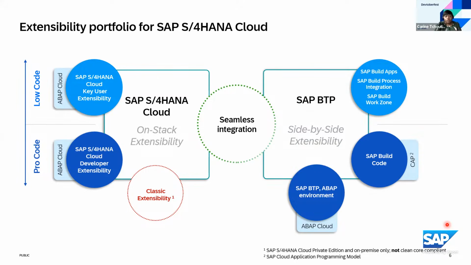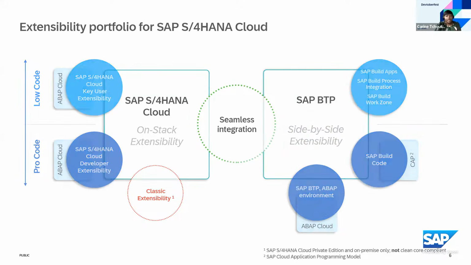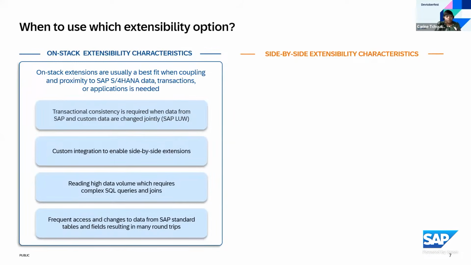So if we want to have another look at the main characteristics of the different extensions, to give some high-level guidance on whether applications should be built on-stack or side by side. On-stack extensibility is ideal and the best fit when the extension has a close integration with the Cloud ERP.